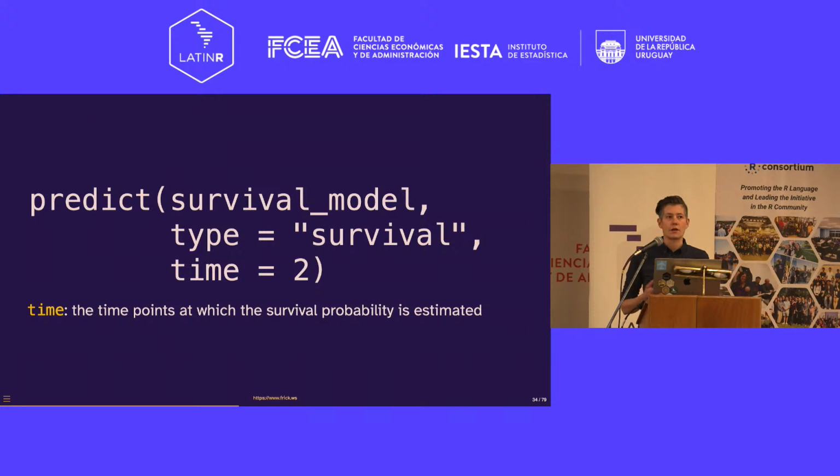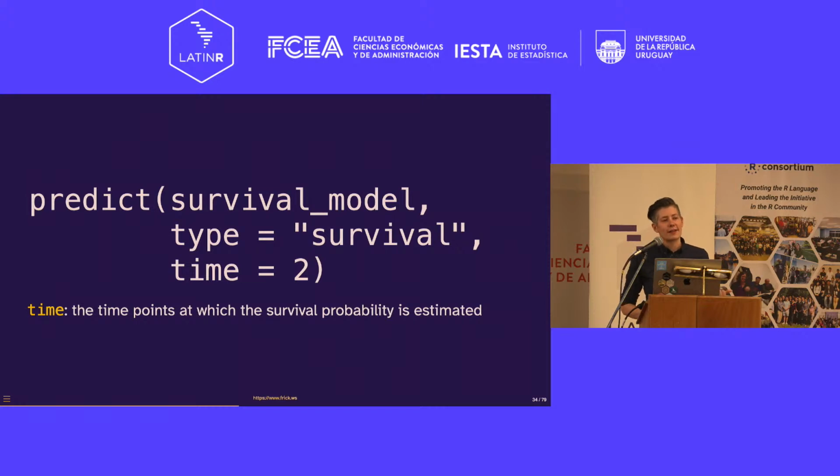So here it is 2, that might be 2 years down the line, because just predicting the probability of survival overall, that's pretty easy, right? It's going to be 0 eventually. So we need some more interesting time points than that. And we called this argument time.